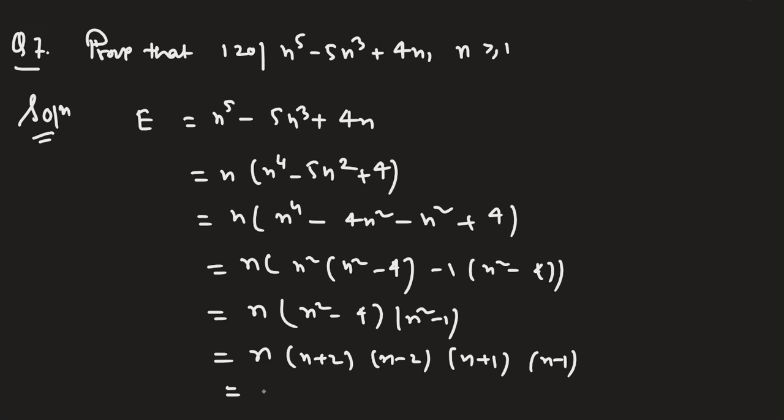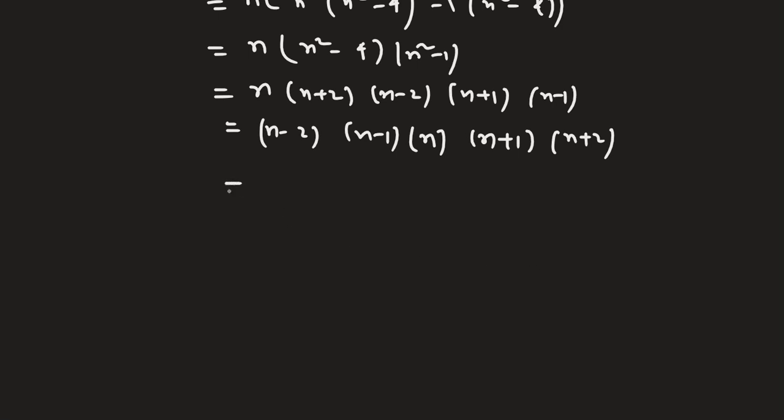If you arrange this, you get n-2, then n-1, then 1 more, n, then again 1 more, n+1, again 1 more, n+2. So what you are noticing is that these are the product of 5 consecutive integers.